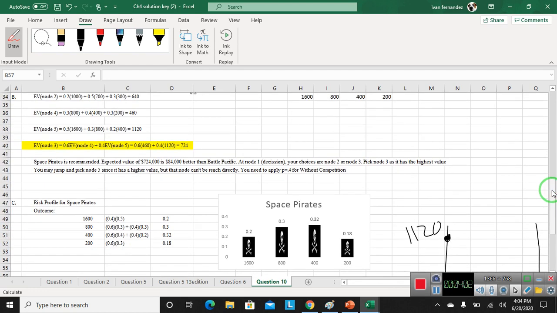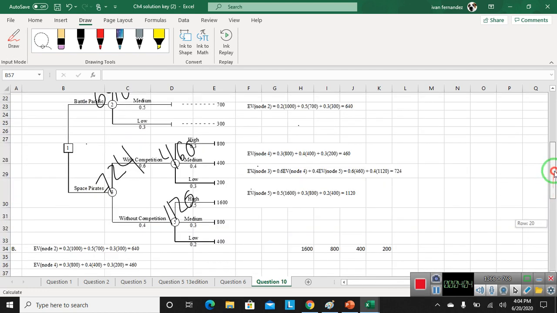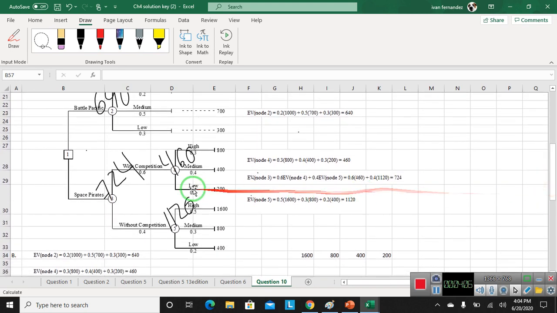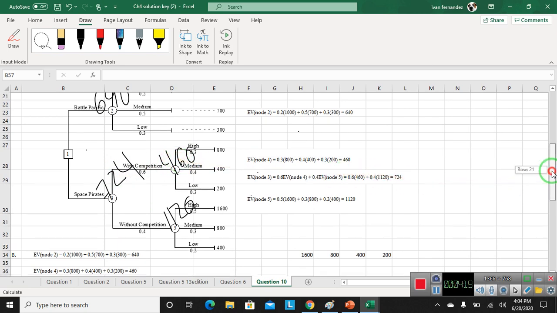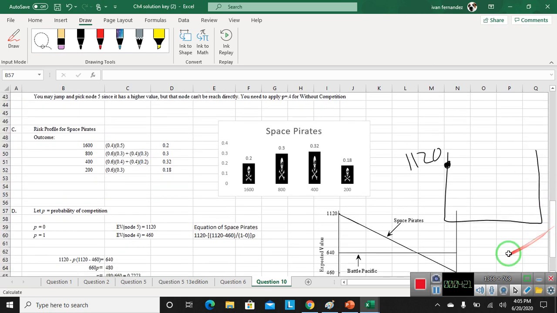Where do we get that? Right here, with competition. If we go down this branch and we face competition, it will be 460. That's 460 right there. And then all I do is draw a line right through those two points. That's how I did it.